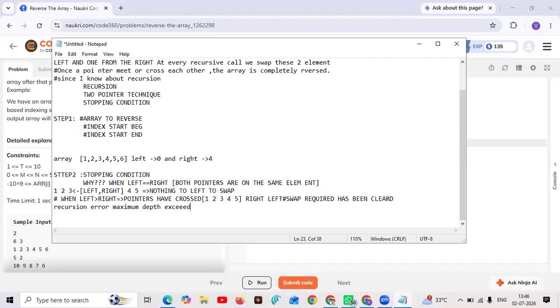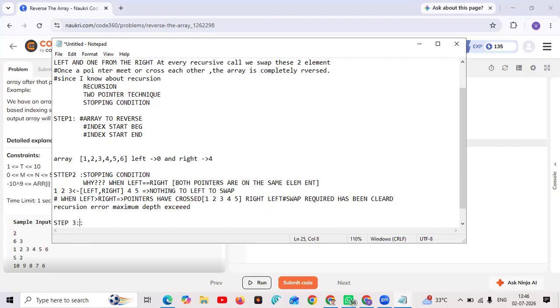Now moving towards step 3. If we are not implementing these conditions, you will get the TLE, the time limit exceeded, or runtime errors. So to prevent all those things, we provide these conditions.